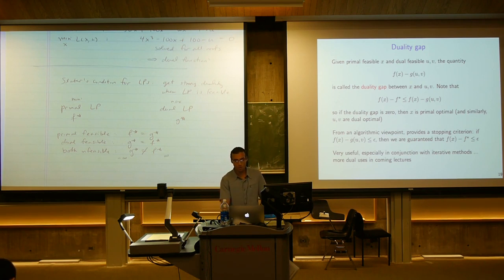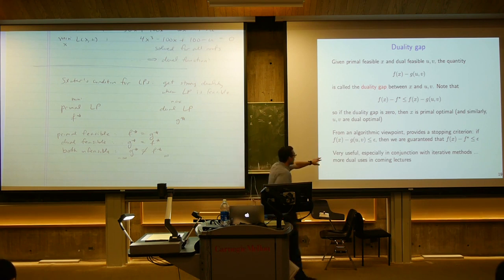Also, it's true that you're at most 0.001 suboptimal in the dual. Okay, the same argument shows you that g star minus g is also bounded by the duality gap.